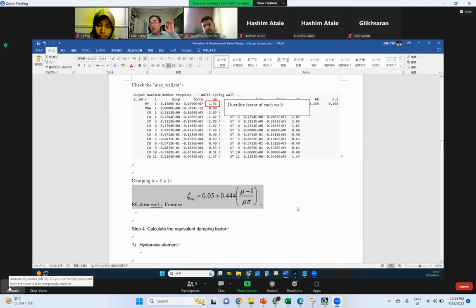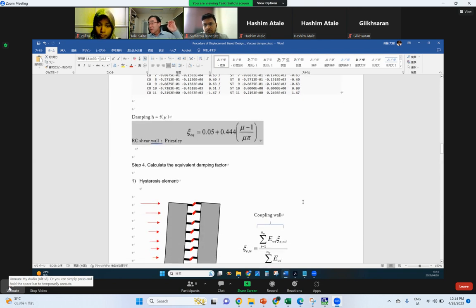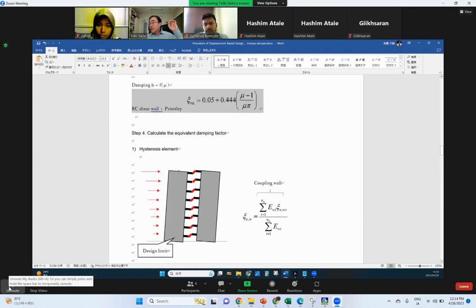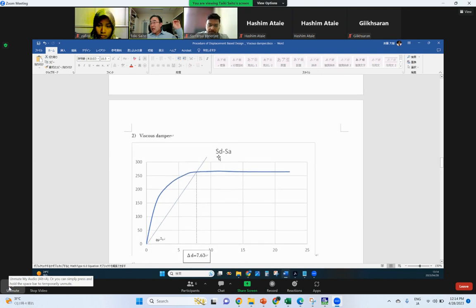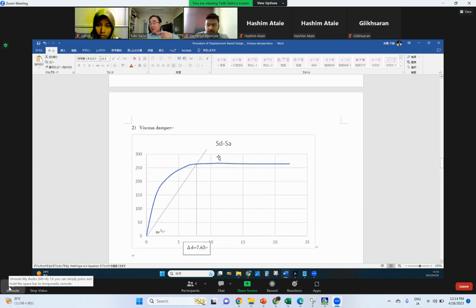So how to get the damping of the beam? So this is different. So the hysteresis element is only the wall. So there is no hysteresis damper. We have a viscous damper. So for the viscous damper, you must calculate velocity.